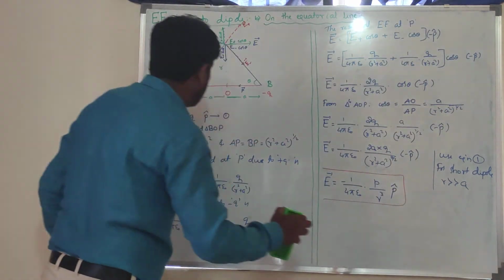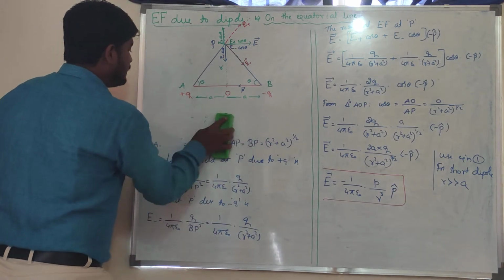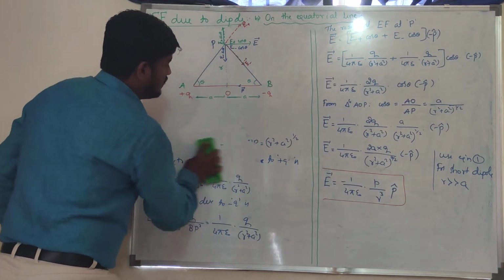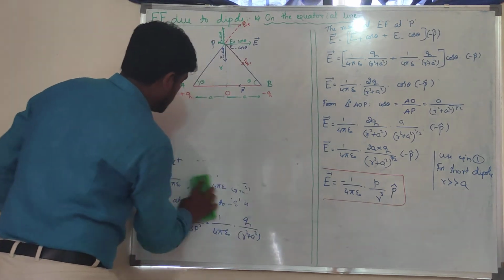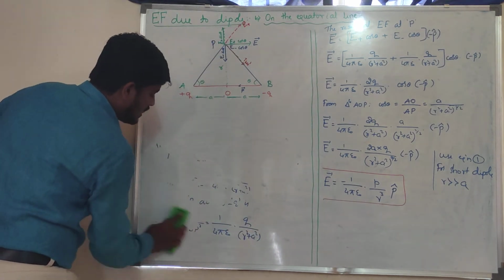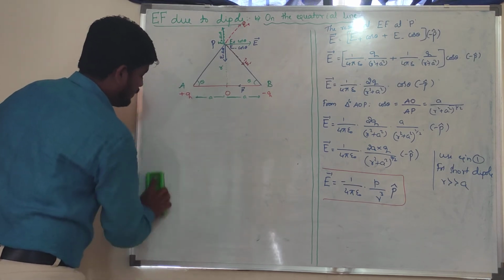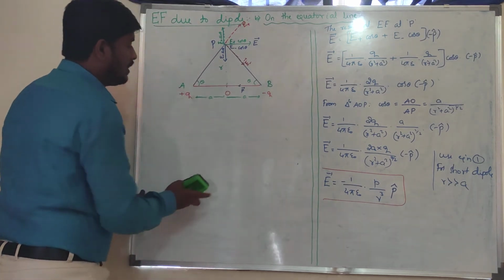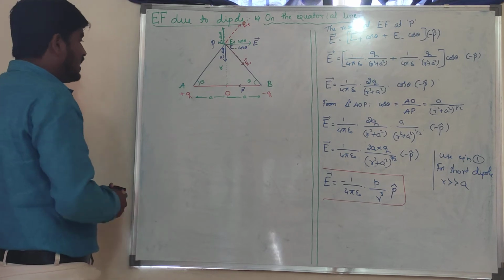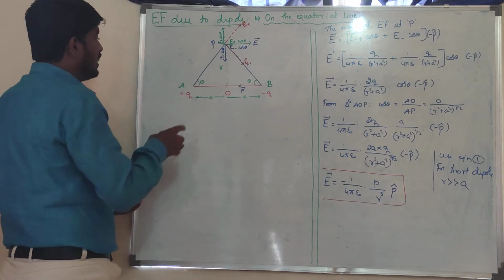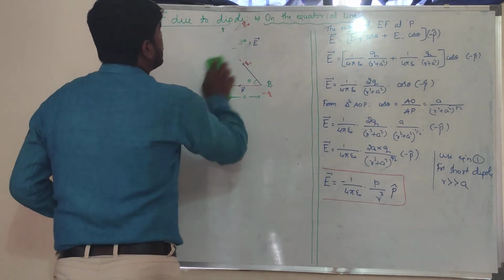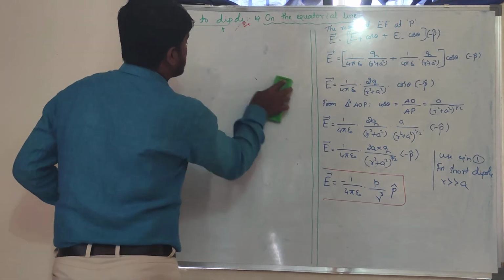and if you just recall the electric field due to a point charge, what will be the discussion? Let us see here. If there is only a single charge, say plus q, let me remove this diagram too, so that will be more useful for our discussion.